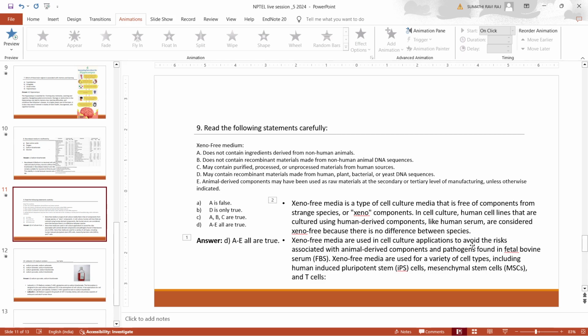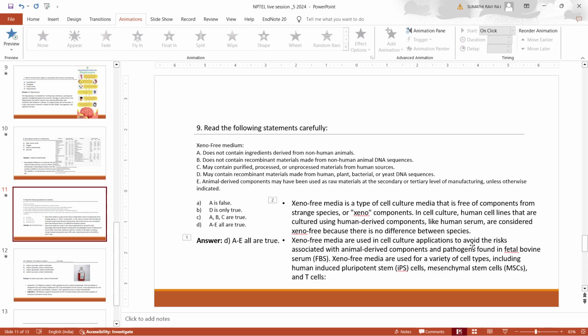All the basic raw materials are human derived, including your serum, and you cannot take the risk of contaminating it with pathogens or even animal-derived antigens or components. It is mostly for your stem cells and your immune cells because you want them specific to the human species.